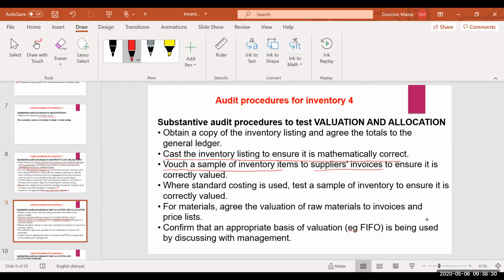For materials, agree the valuation of raw materials to the invoice and the price listing.